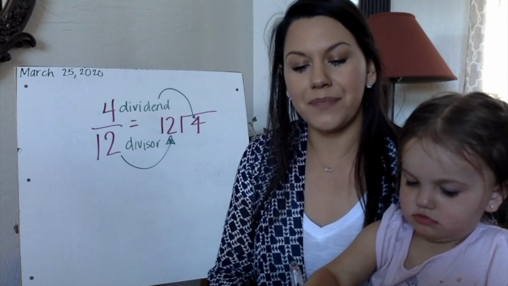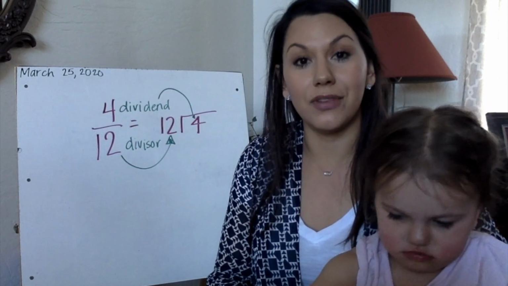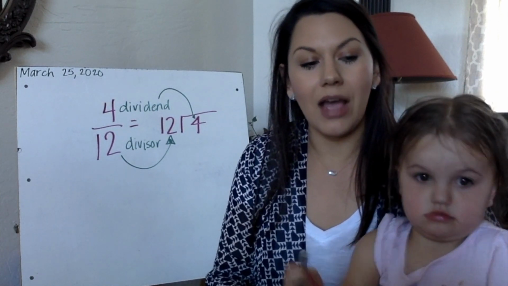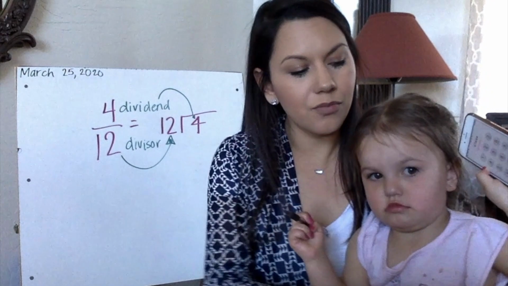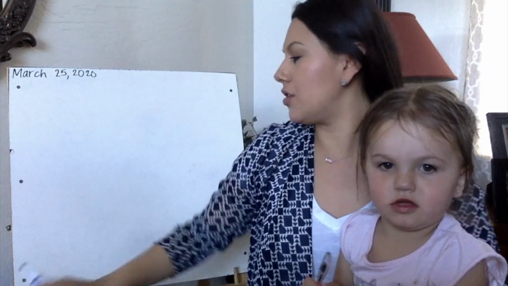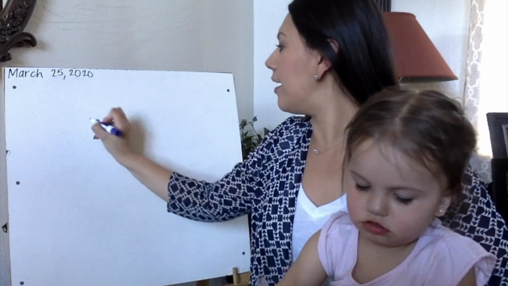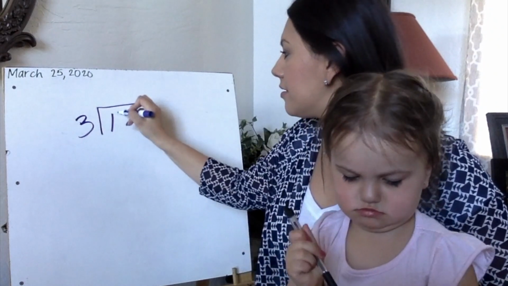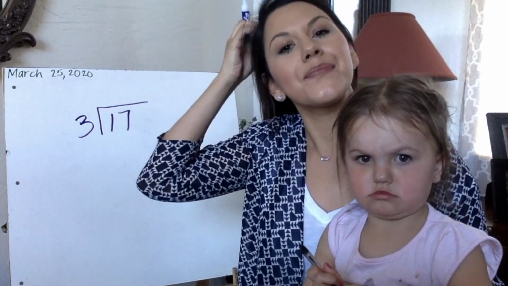And I'm going to solve a division problem. And I want you to see how we get our answer in a division problem, how that converts into a fraction. It's pretty cool. Okay. So I'm going to start with 17 divided by 3.